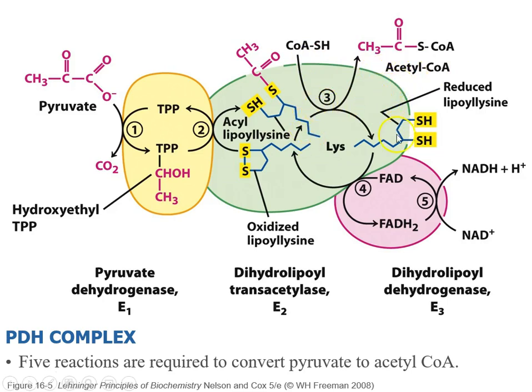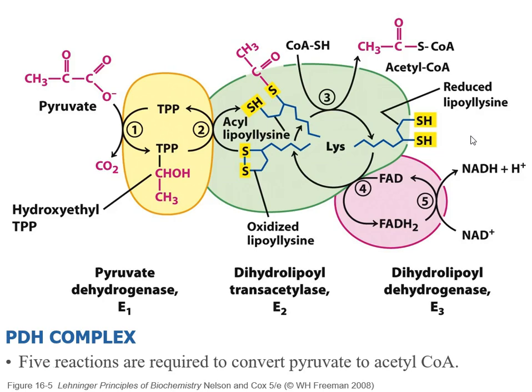So in the meantime, the next thing that happens is this lipoyl lysine group now is completely reduced. So it is now in possession of the protons and electrons that are lost in this oxidation of pyruvate to acetyl-CoA and CO2. So in the next steps, what we need to do is regenerate that to the oxidized lipoyl lysine.